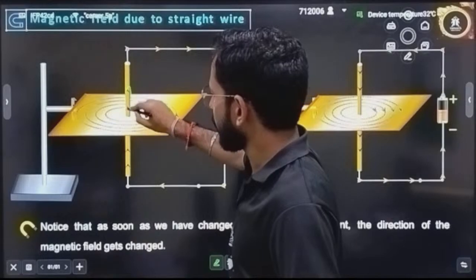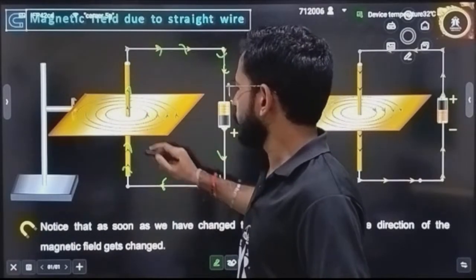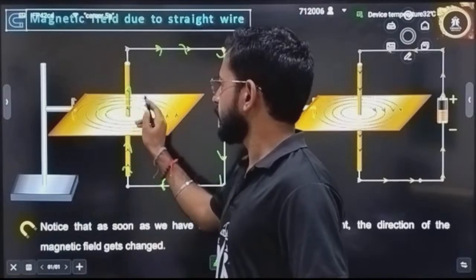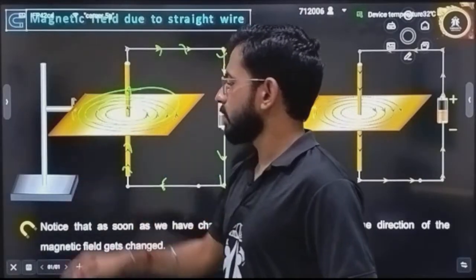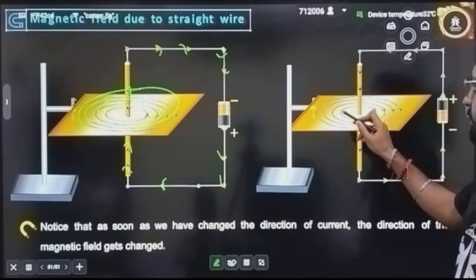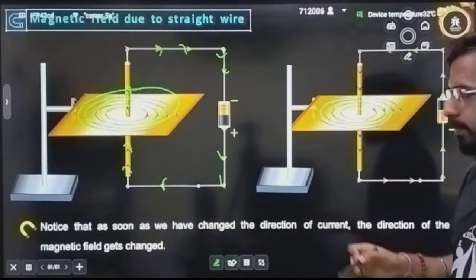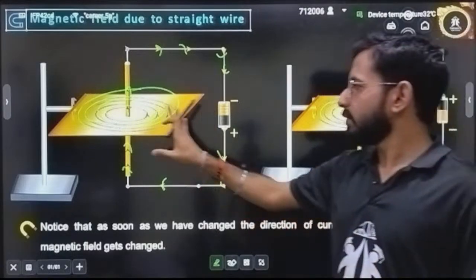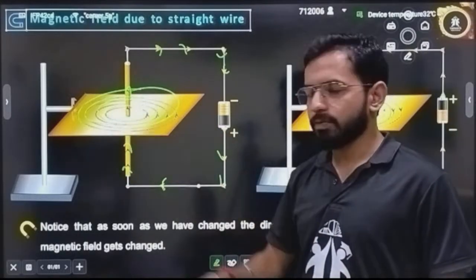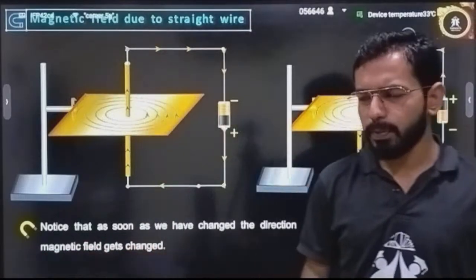Due to that, a magnetic field is generated, represented like this around this straight current carrying wire. Here also, when you change the direction, the directions are reversed. Why these directions are reversed, we are also going to discuss. But as of now, just understand this much. If this is a current carrying wire, this will be the direction for the magnetic field. Correct?